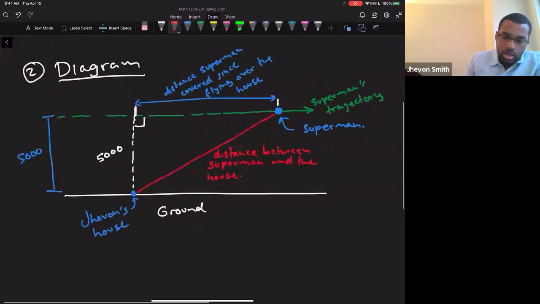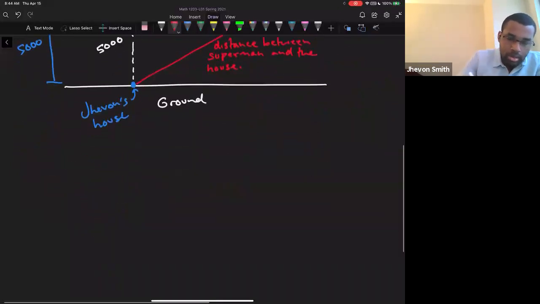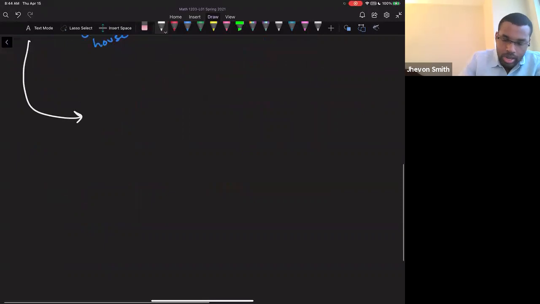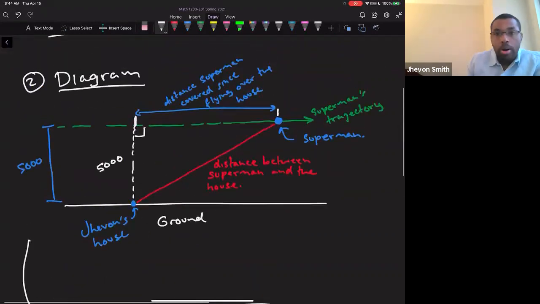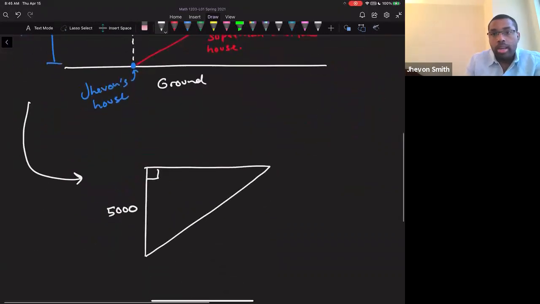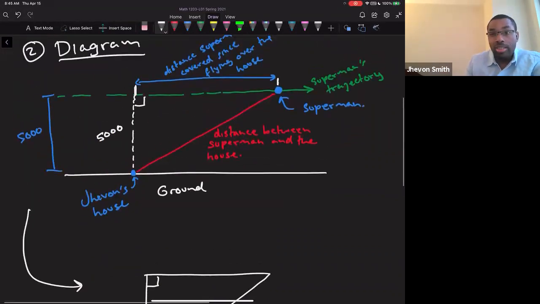Okay, so that's me. After carefully reading the situation, seeing what's going on, I can now come up with a diagram that describes the situation. It's this upside down right triangle where the height happens to be 5,000. Now, the horizontal length is changing, right? Because Superman is moving.